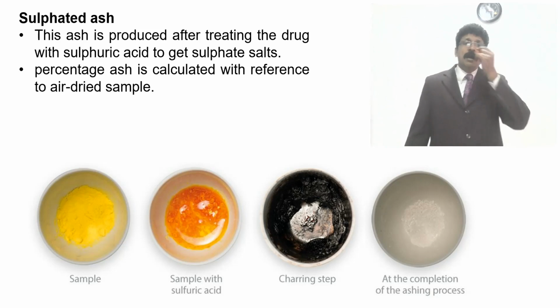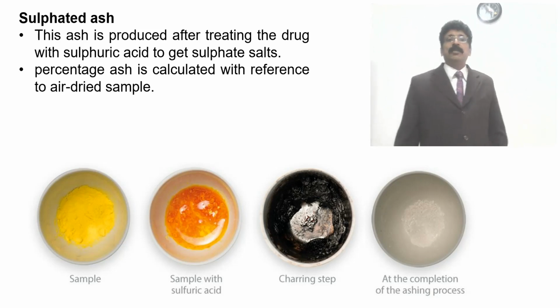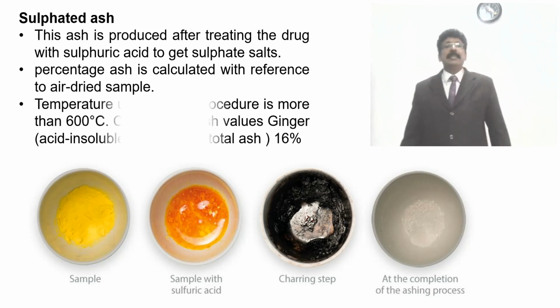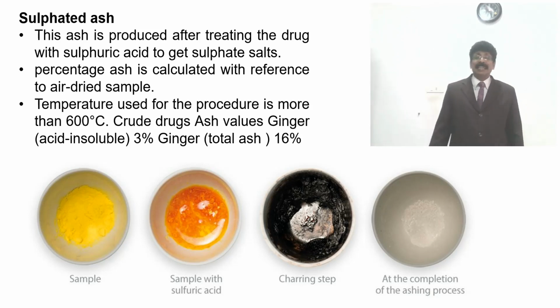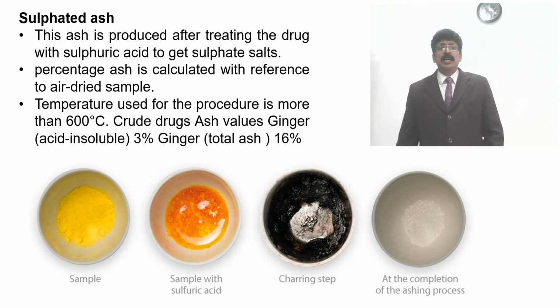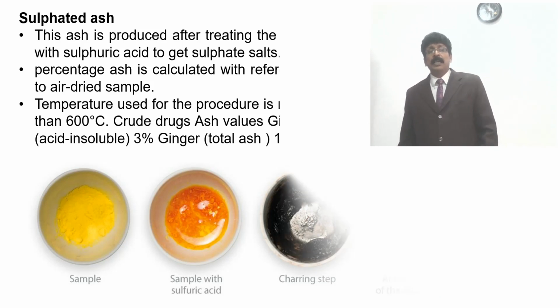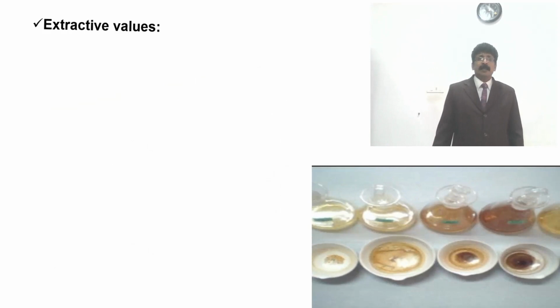The percentage of ash is calculated with reference to the air dried sample. The temperature used is more than 600 degrees centigrade in sulfated ash. For the crude drug ash values, ginger acid insoluble is 3% and ginger total ash is 16%. Like that, different values are given by the standard books, which will be helpful.